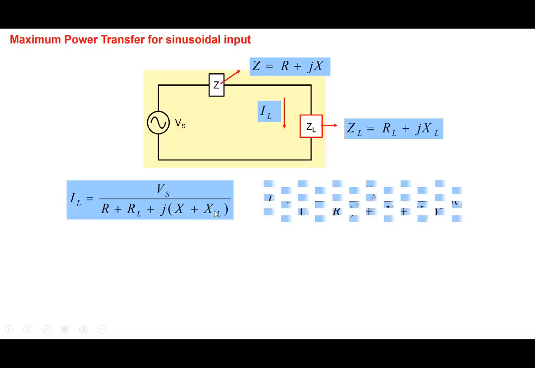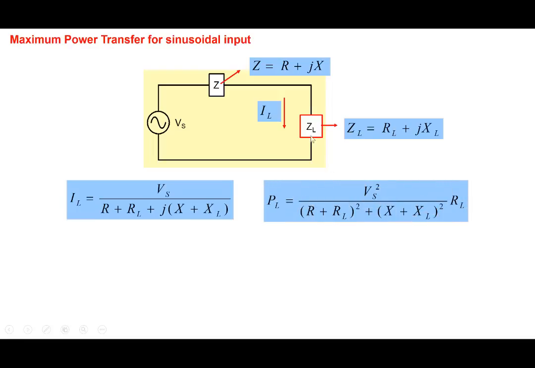And the net power dissipated in ZL is going to be the magnitude of Vs squared, basically the magnitude of IL squared, multiplied by RL divided by 2 here. So there should be a factor of 2 which is missing here. So that should be there.